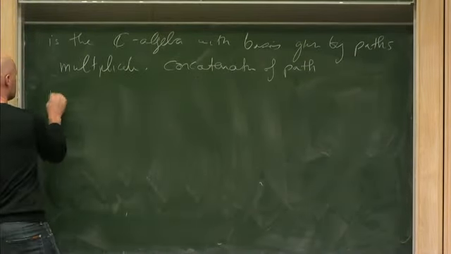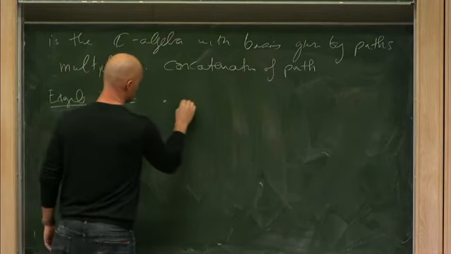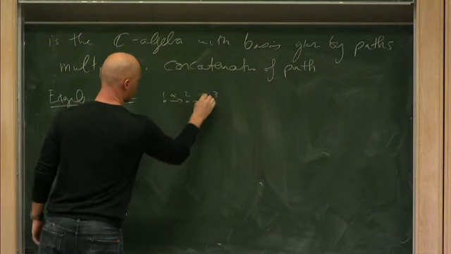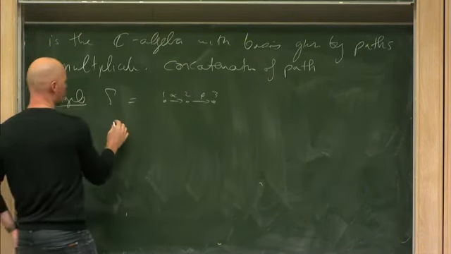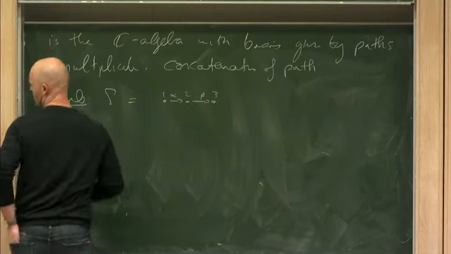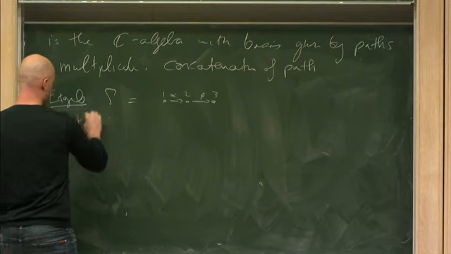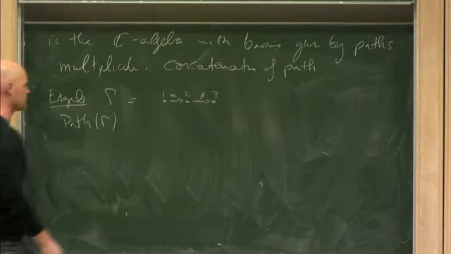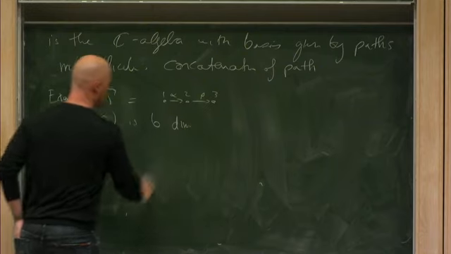So here's maybe a simple example to start with. If this is my quiver, then the path algebra, let me not call it C gamma, let me call it path gamma, is a vector space. In this case, it's going to be a 6-dimensional vector space. So what are the paths?